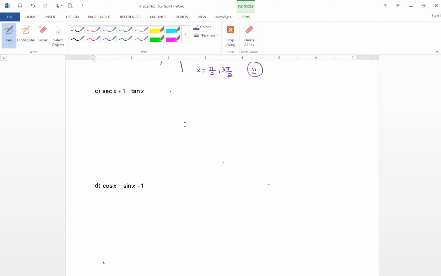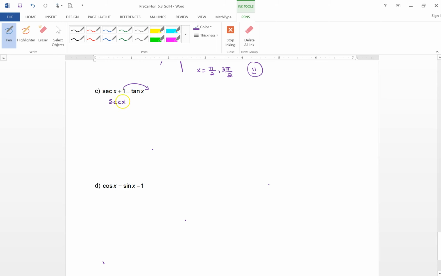All right, so this is a special case, one of my favorites here. We have a secant and a tangent, and we know that they're related with an identity. However, leaving it this way will never get us what we want. So a trick is to get this 1 to this side.